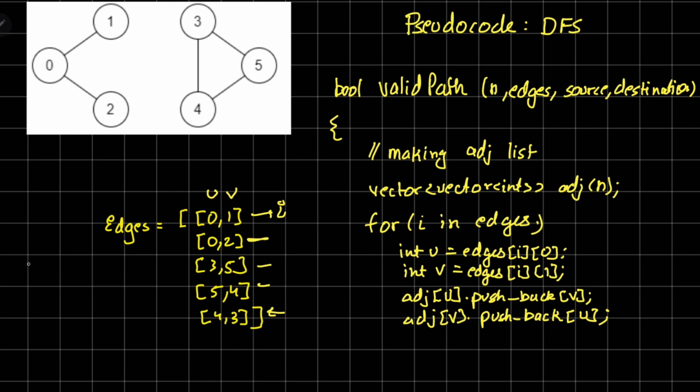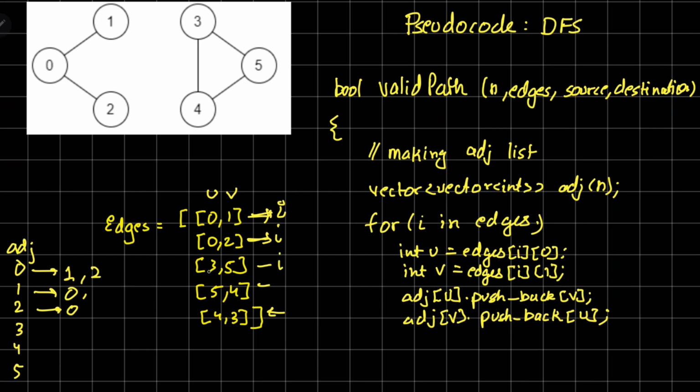So the adjacency list will look like 0, 1, 2, 3, 4, 5. In the adjacency list, for this i we will push 1 for 0, and also for 1 we will push 0. Then for this i on 0 we will have to push 2, and also for 2 we will have to push 0.